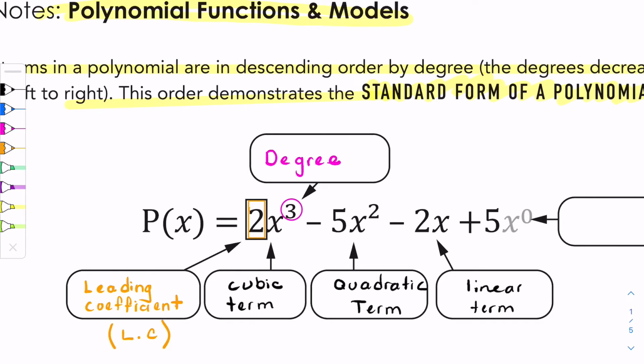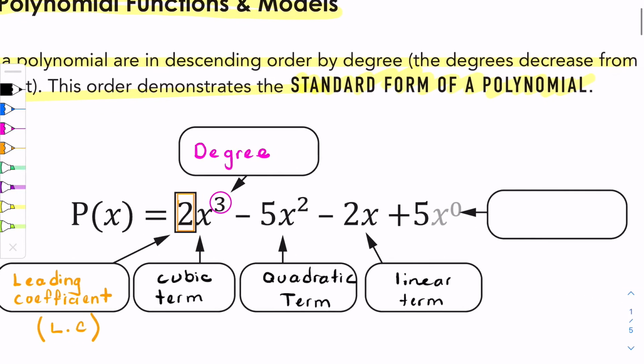And lastly, we have a constant term. The constant term is the only term that doesn't have a variable with it. I guess technically you could say it has a variable raised to the exponent of 0, which is just 1, but we never write that. So the constant term is the term that is by itself.